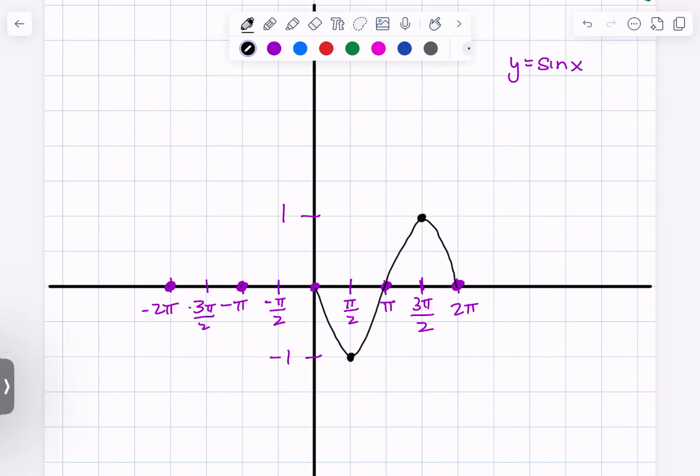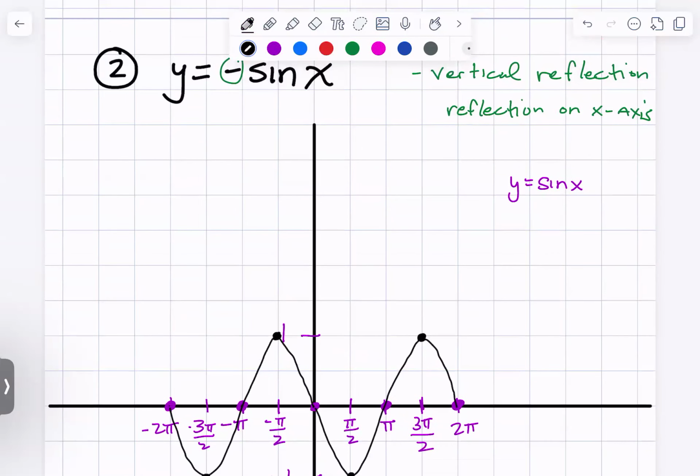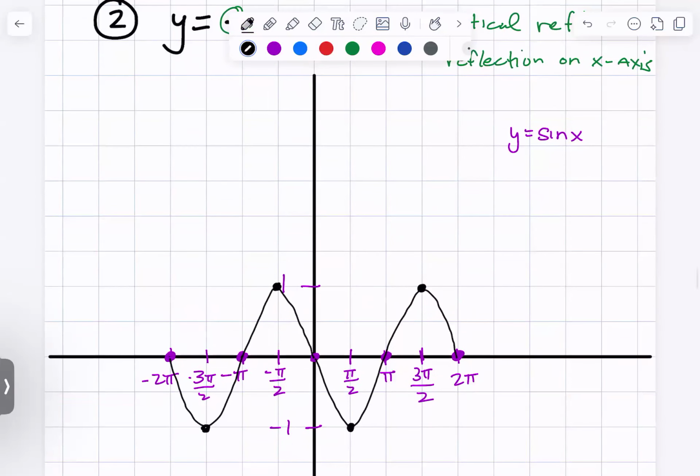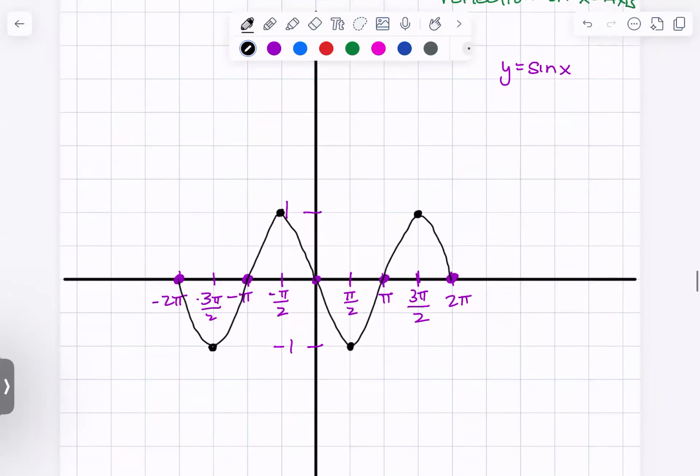So at negative pi over 2, it's starting off at negative 1, but when I reflect it, it goes up, and this point comes down. Okay, so finishing up the graph, 2 periods of sine of x. Okay, that's actually negative sine of x. All right, you can compare it to number 1 and see the reflection along the x-axis.